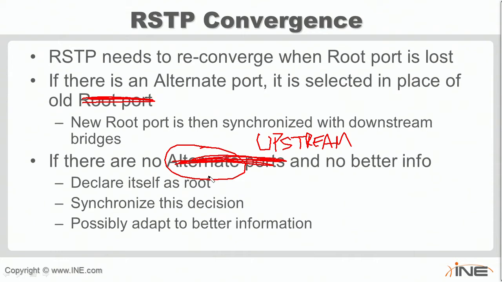Because the key is that the alternate port is facing upstream. Right. You can't switch from your root port to a downstream facing interface. You can only switch from your root port to an upstream facing interface.